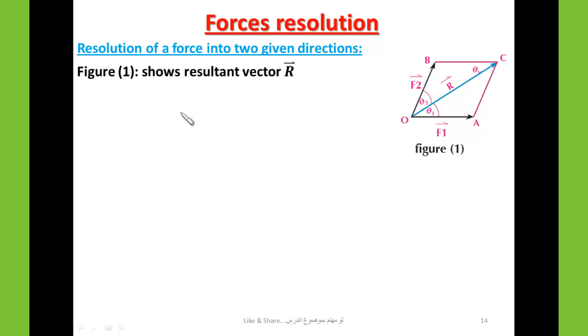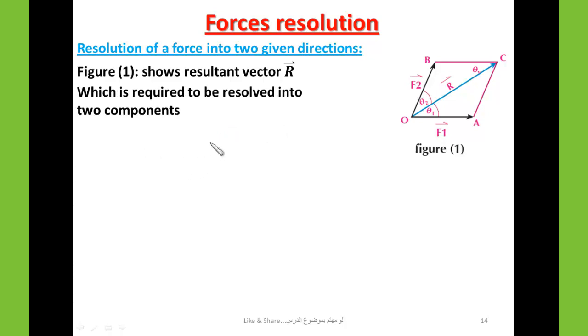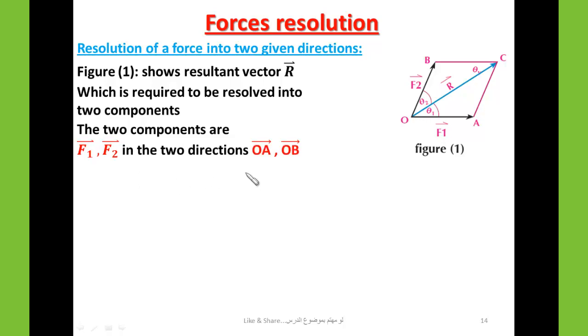Figure 1 shows the resultant vector R, which is required to be resolved into two components, F1 and F2, in the two directions: ray OA and ray OB.